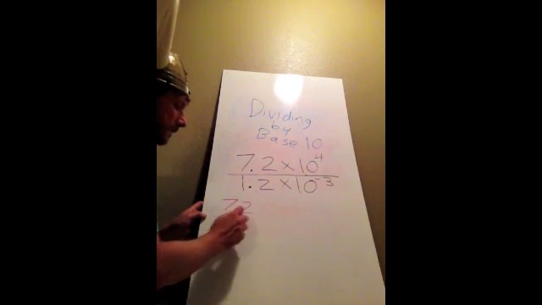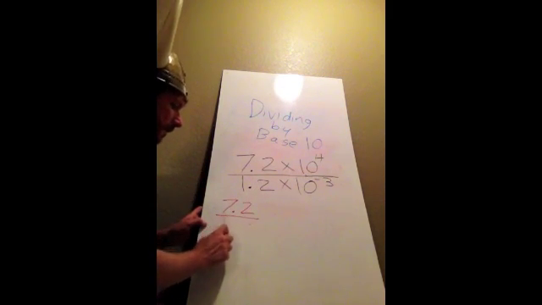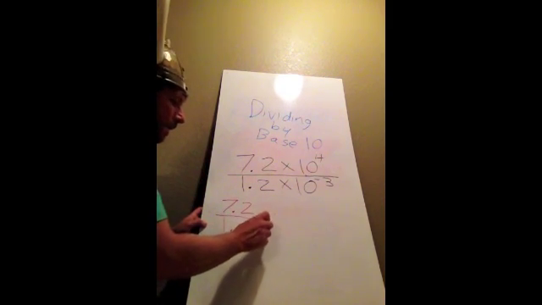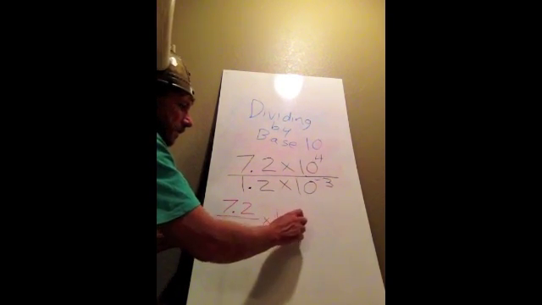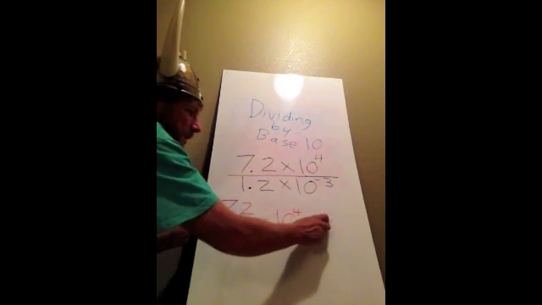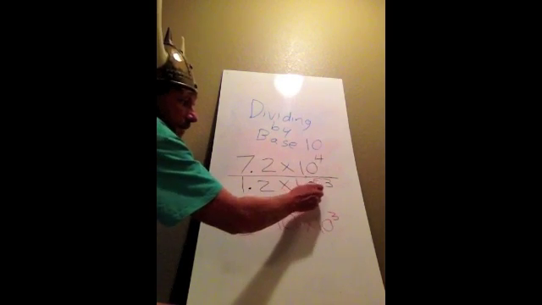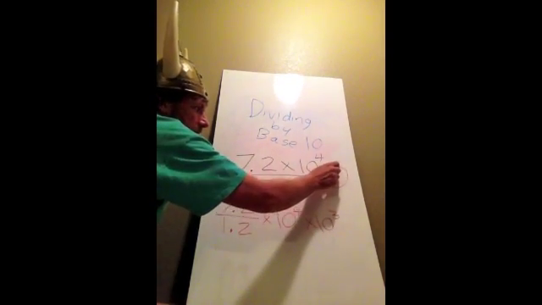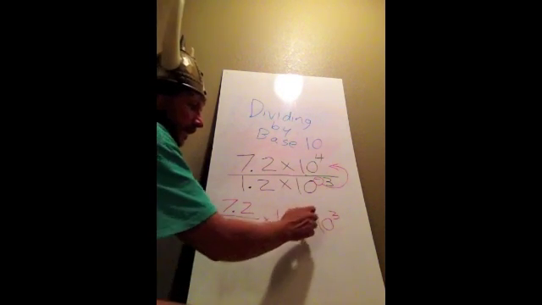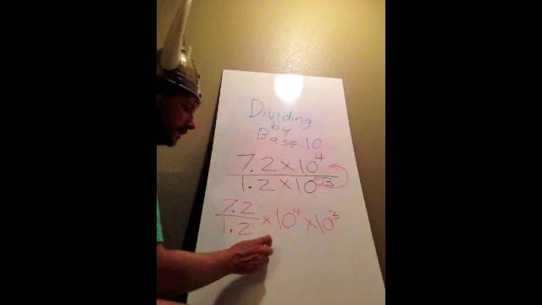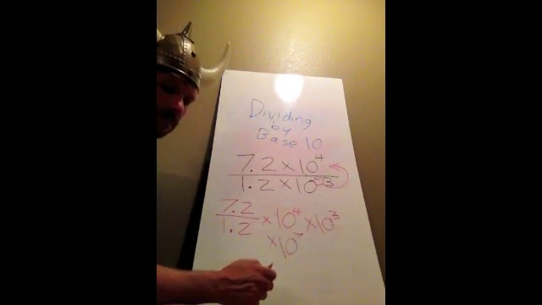So it's 7.2 divided by, because these are really different math problems, divided by 1.2, times 10 to the 4th times 10 to the 3rd. Remember, we bring this up from the denominator and change the sign. Now we're adding these two. So it becomes times 10 to the 7, right?